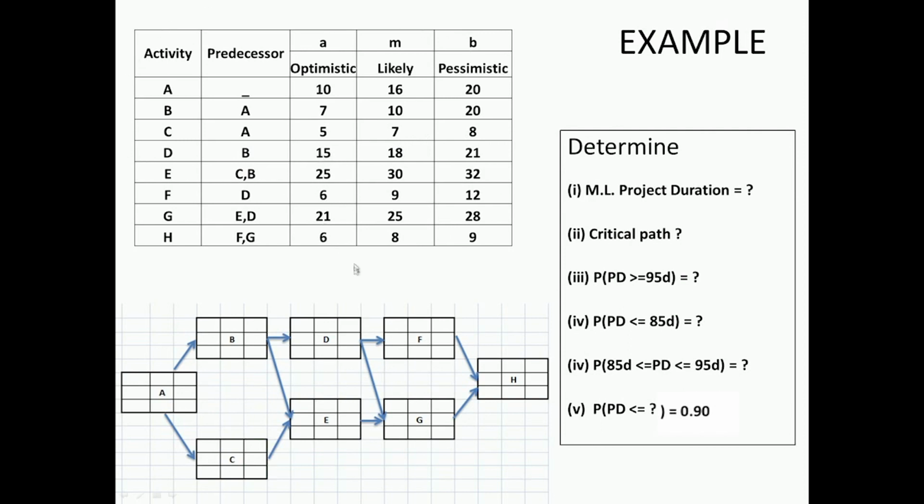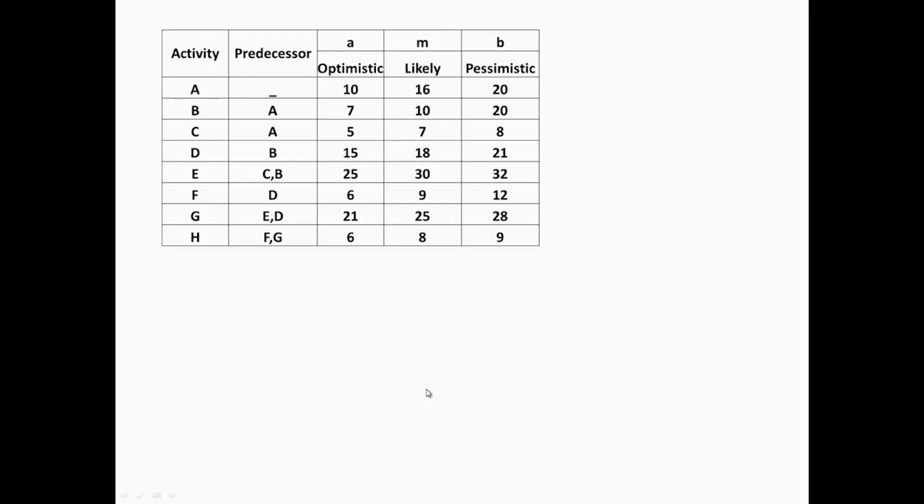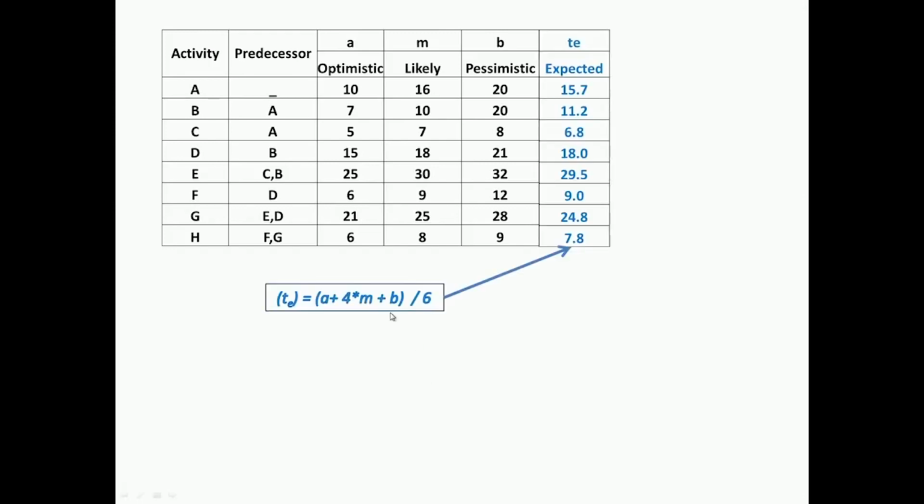Now, what we have done here is put up the network. This is the same network; the activity predecessor relationship is used to build it. We go on to the next step in PERT, which is to calculate the expected value. Here you can see I have used this formula to calculate the values in this column.